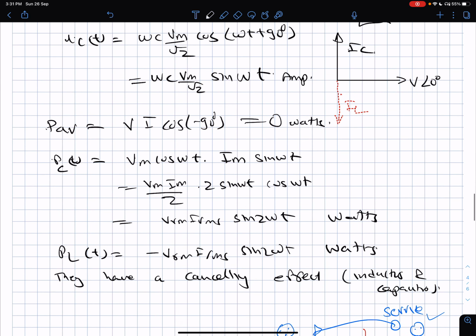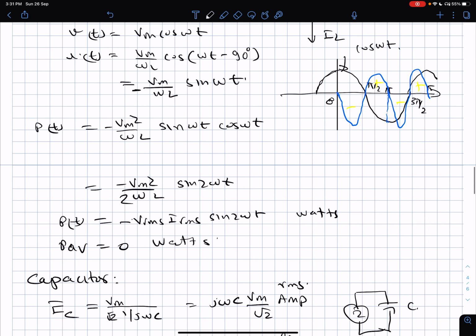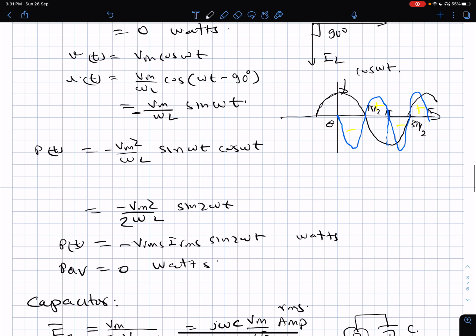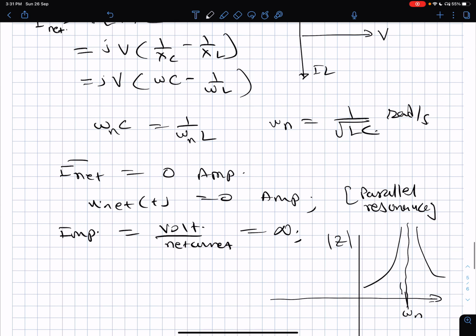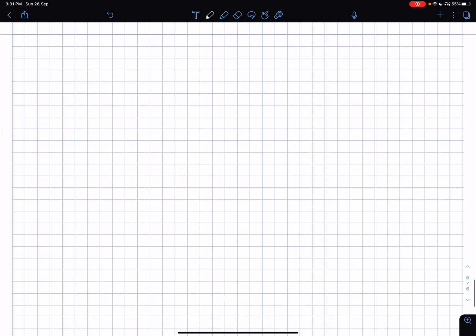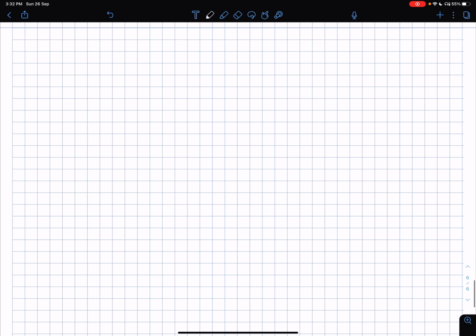The point I was trying to tell you is how the behavior of the capacitor and the inductor changes. I don't want to get into the resonance discussion, because if I go into parallel resonance I can also discuss series resonance and draw all the impedance diagrams. I just don't want to get into that right now.